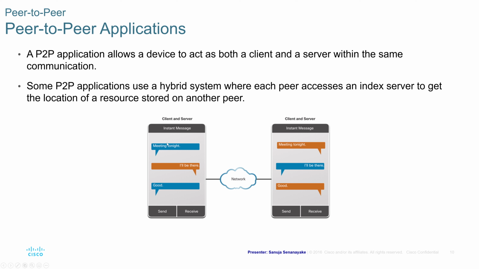Each time they send data, it acts like a server, and when it's receiving data, it acts like a client, switching back and forth at the same time. So that's what makes it a P2P network.